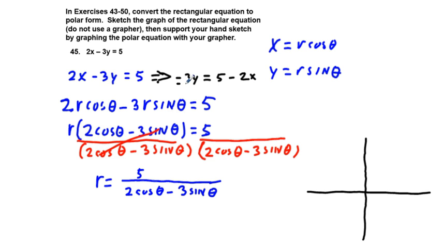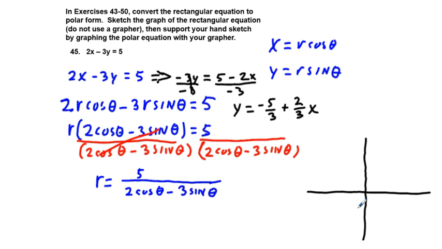Then if we divide both sides by negative 3, we have y equals negative 5 over 3, and then negative 2x divided by negative 3 is plus 2/3 x.